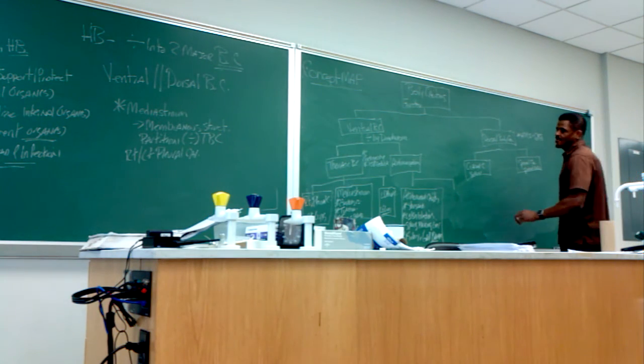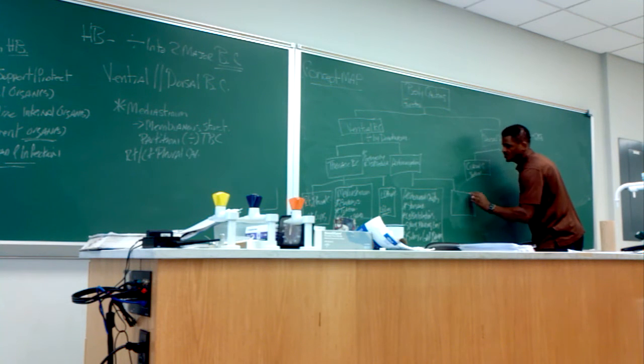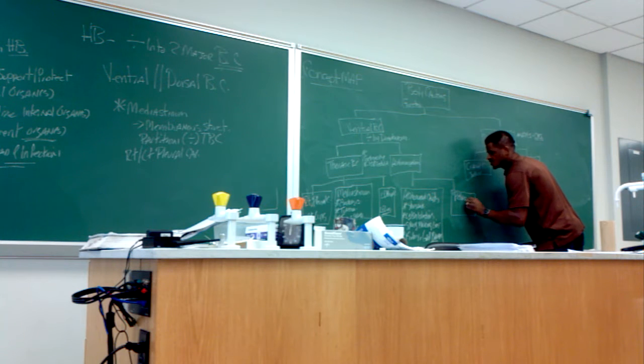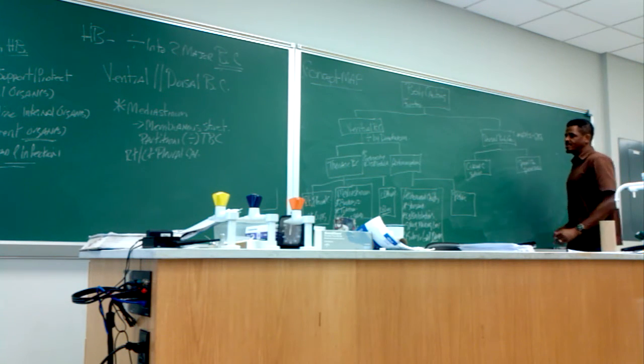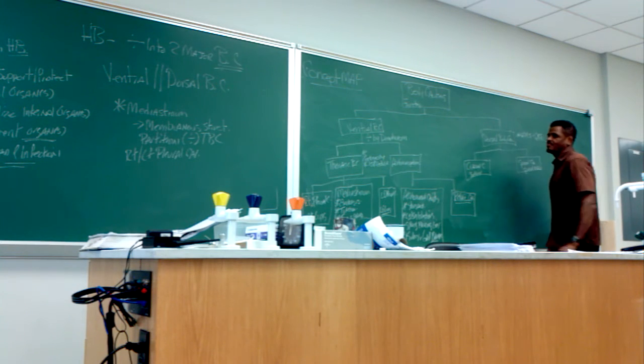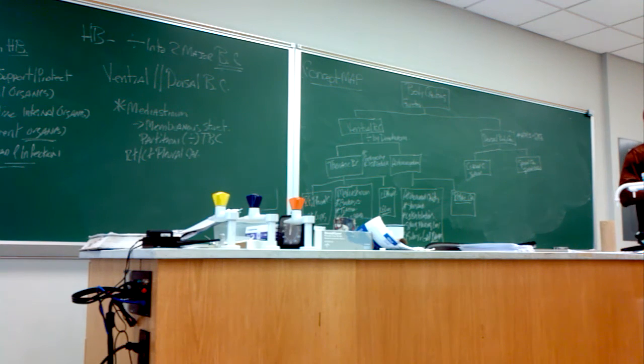Then we have the pelvic cavity, inferior to the abdominal cavity, and the pelvic cavity will house portions of the large intestine, urinary bladder, and portions of the male and female reproductive organs.